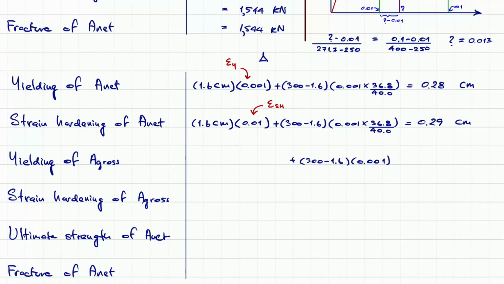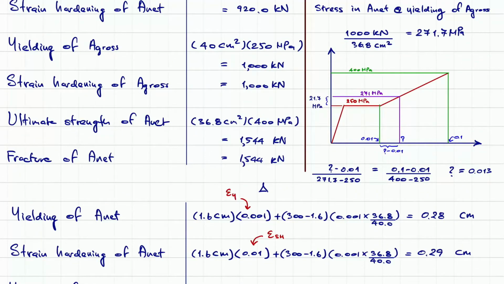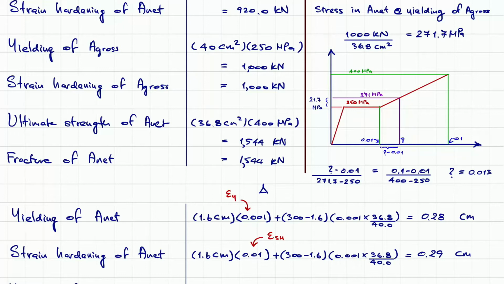So you come back here. 1.6 centimeters multiplied by 0.013. You got what? Different? From this, I didn't add up by 0.01, right?